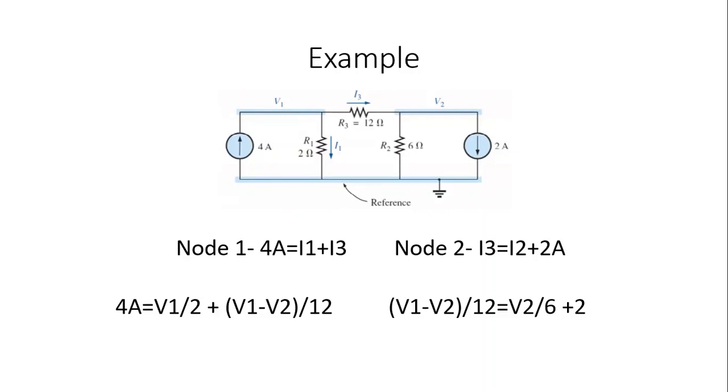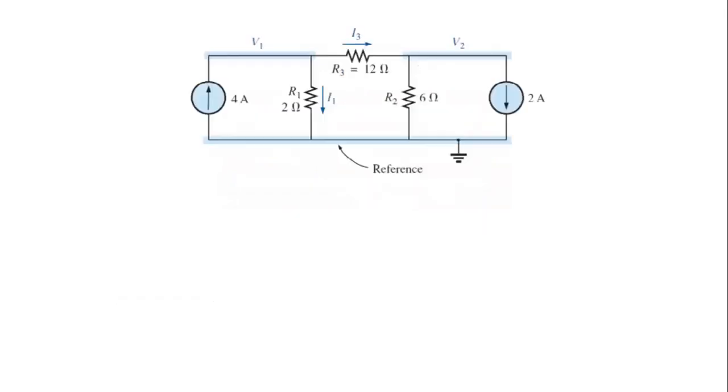And that same principle is shown in the node 2 I3, which we already proved. And then I2 is V2 on 6, and then the 2 amps, the current exiting that node as well, is denoted there.